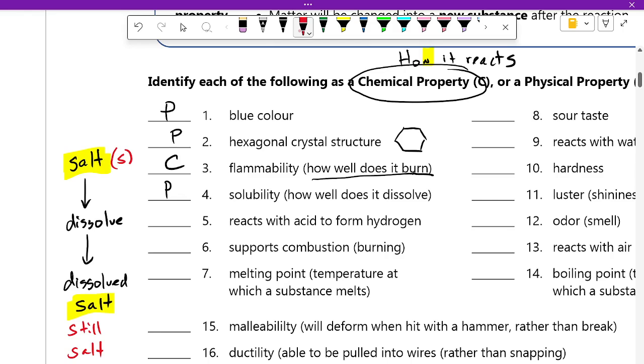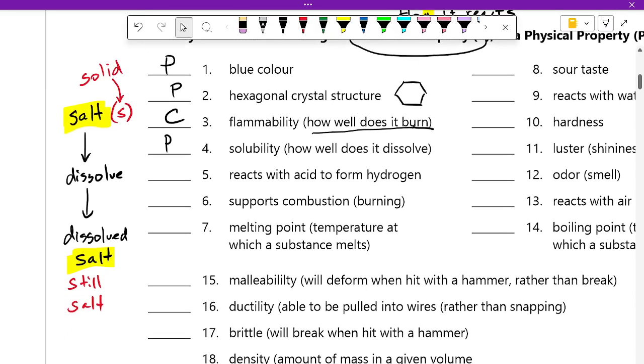What does it mean if I write an S in brackets? An S in brackets means that that salt is what state? Solid. Whoops, not sold, solid. Now, when we dissolve our salt, what state would that be?